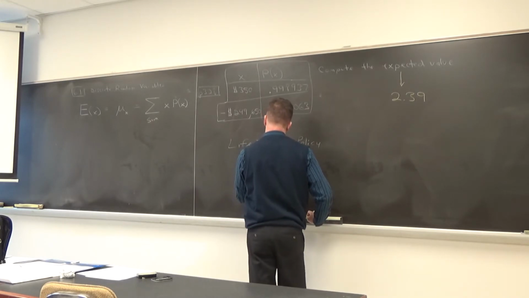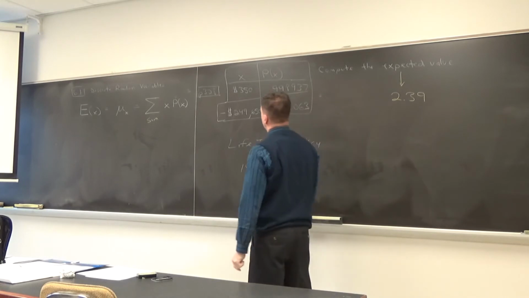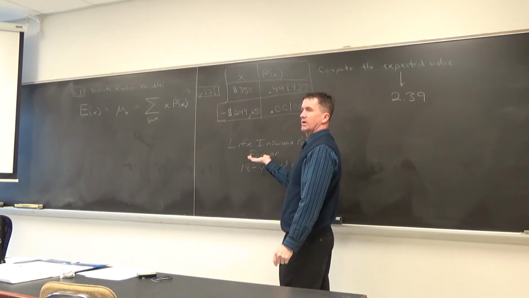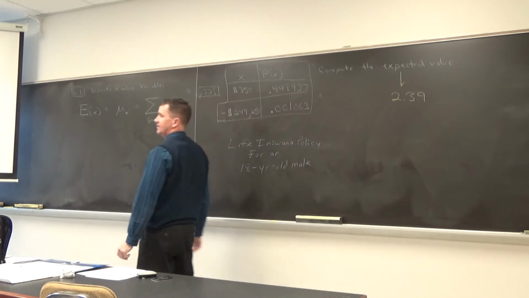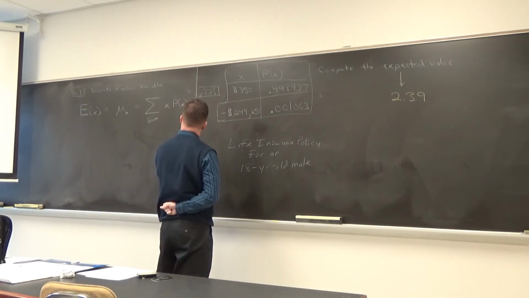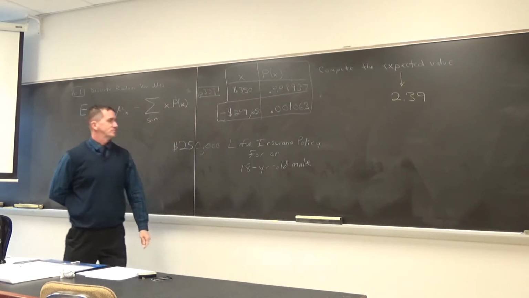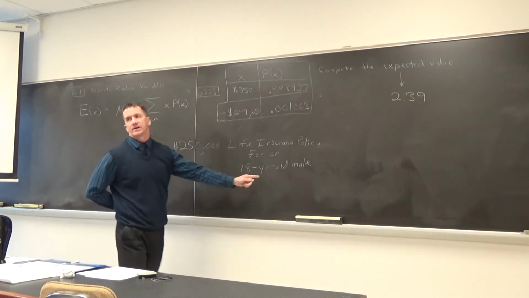All right. And if you're wondering what amount, they always give a value to these life insurance policies. This is a $250,000 life insurance policy for an 18-year-old male.